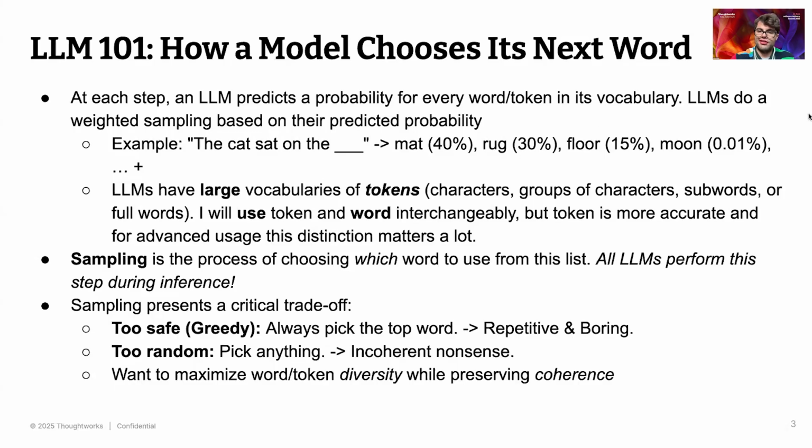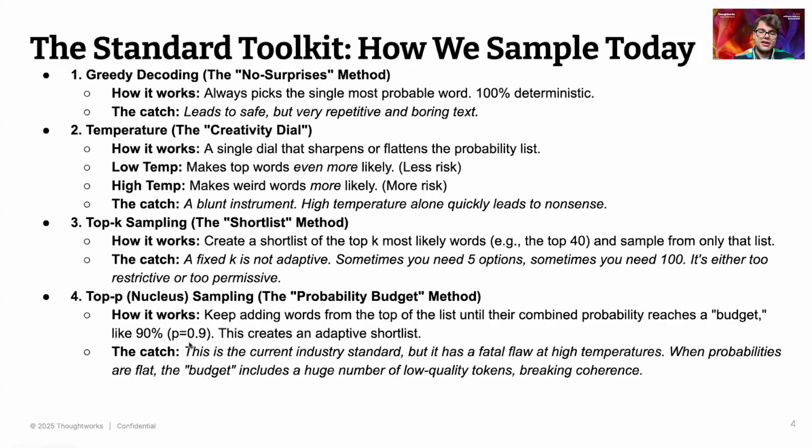So the top 3 words sum to 85, right? The idea is your budget is okay, you can allow all words until you've hit this, in this case, 90% budget. And this is currently the industry standard, or actually the industry standard is to combine top K and top P. And Gemini actually hides the fact that they have a hidden top K of 64 sampling that you can't disable, which is a fun little quirk.